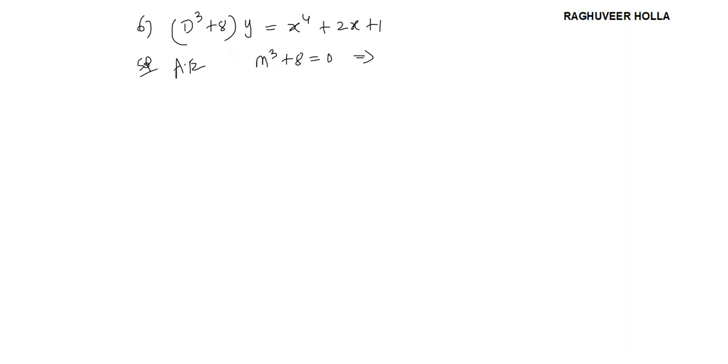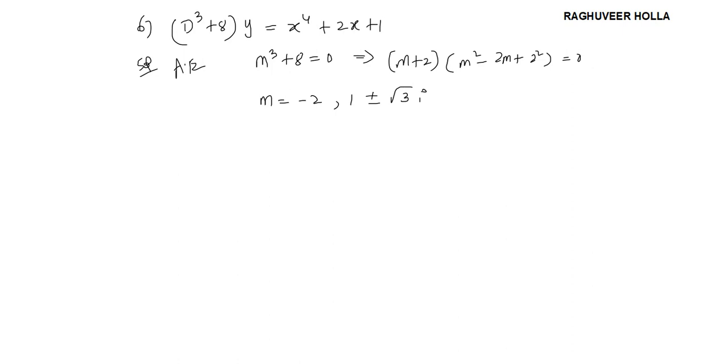So this can be written as (m plus 2) and (m square minus 2m plus 4). Okay, and we get those roots as minus 2, and we have another 2 roots, which are 1 plus or minus square root of 3 i.